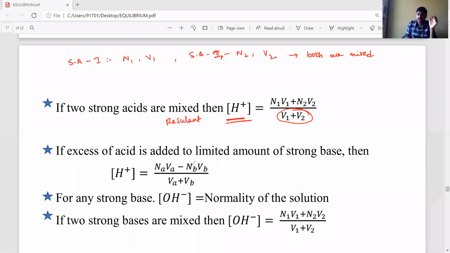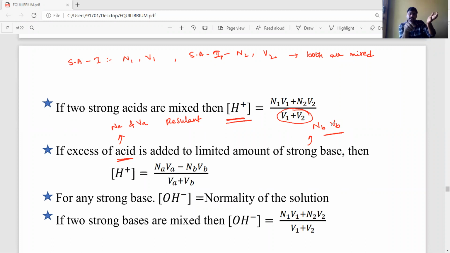For example, take one strong acid, its normality is Na and volume is Va, and another strong base, its normality is Nb and volume is Vb. But acidic strength is more when compared to base strength. If both are mixed, what happens?